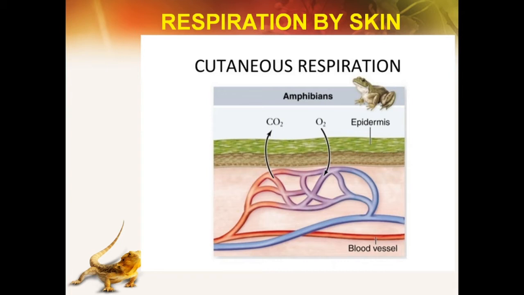In these regions, the skin becomes highly vascular, supplied with rich blood capillaries. When it comes in contact with the environment, it easily receives environmental oxygen by simple diffusion. This diffused oxygen directly enters the blood circulation.